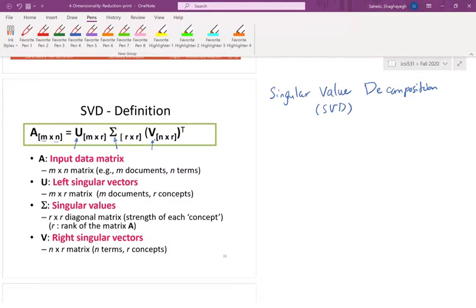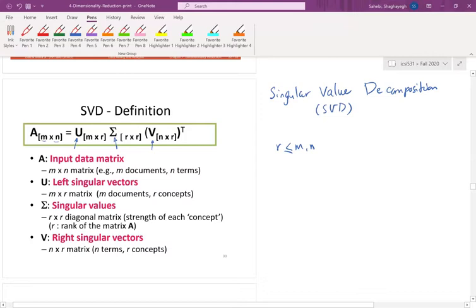It is an N by R matrix that when we transpose, it's going to be R by N, and then it can be multiplied by sigma. R is usually smaller than M and N.